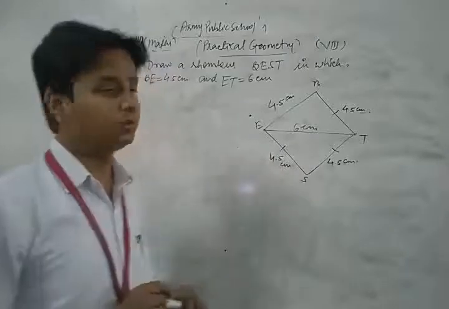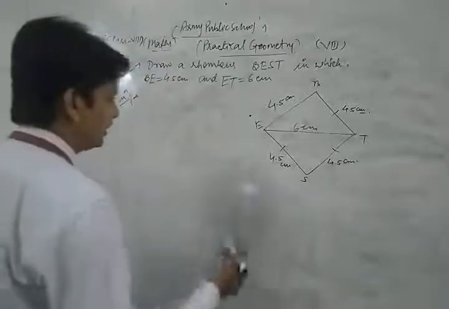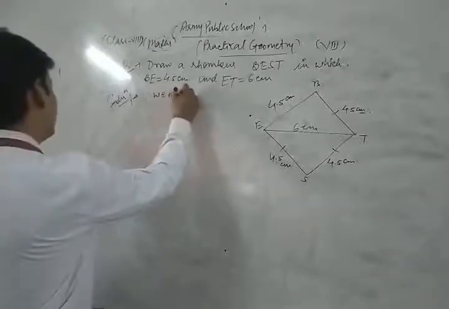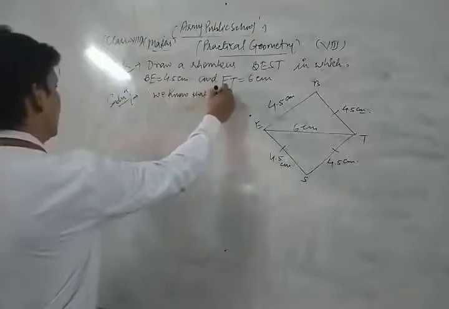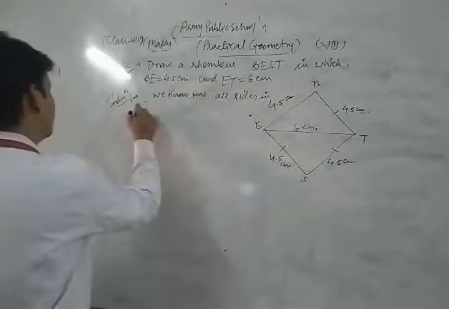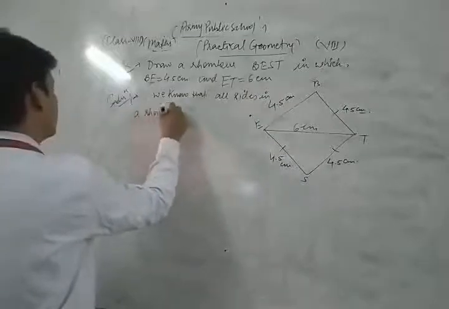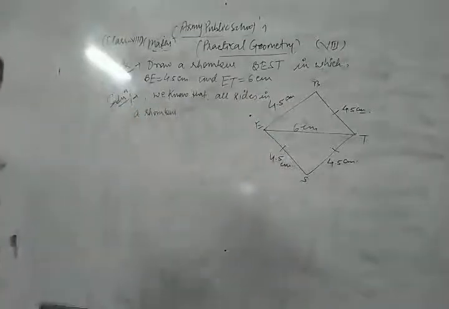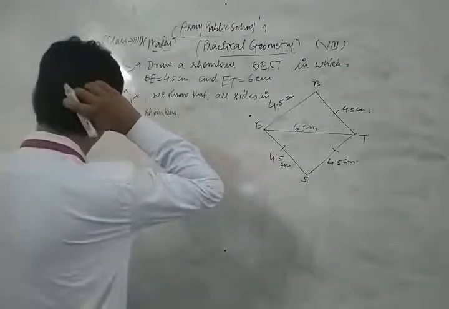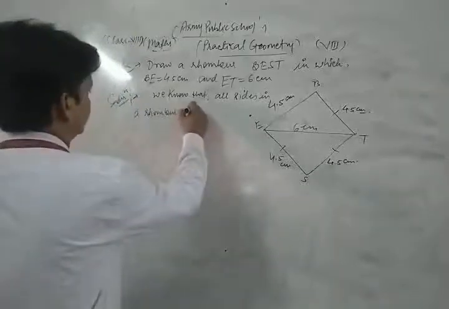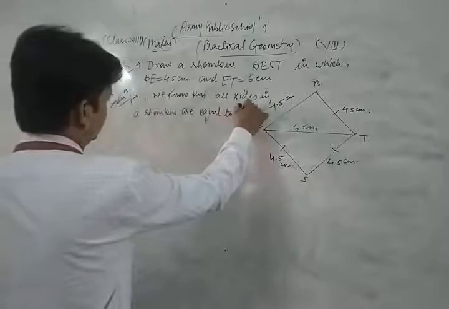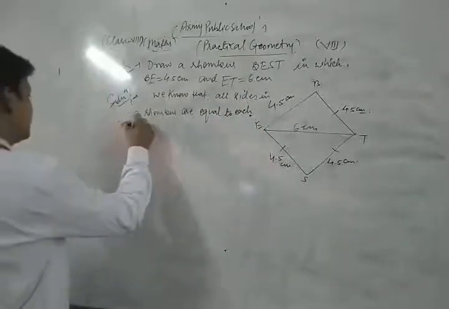Okay, dear students, now this is the rough diagram of rhombus BEST. So now let's see, we draw it in a very systematic manner. First of all, you know that all sides in a rhombus are equal to each other.